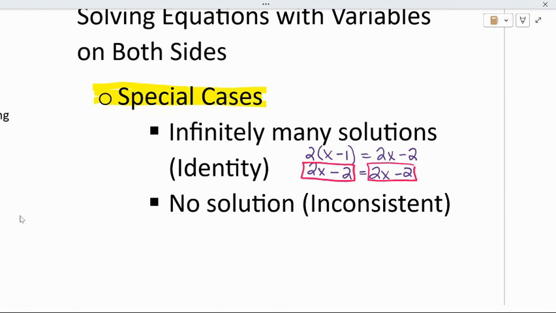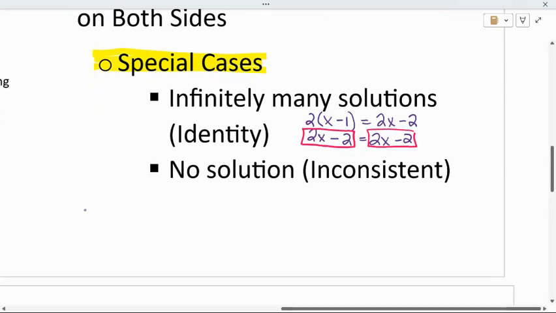Sometimes you might get something that is not solvable, right? It has no solution. And that could look like maybe 4 times (2x minus 3) equals 8x plus 7. So when I distribute on the left, that gives me 8x minus 12 equals 8x plus 7.